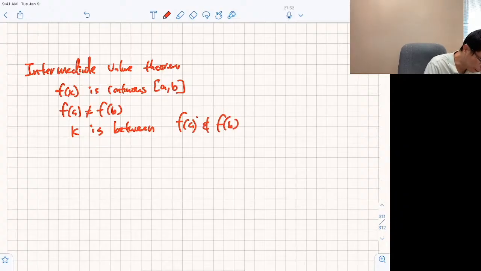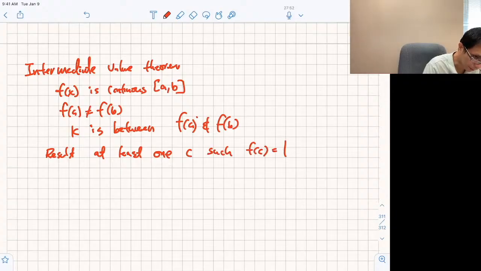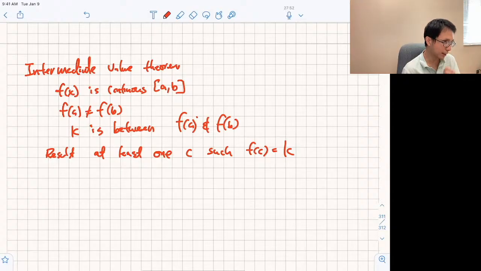So the result is there is at least one c such that f of c is equal to k. So basically this is the water bottle problem that we talked about.